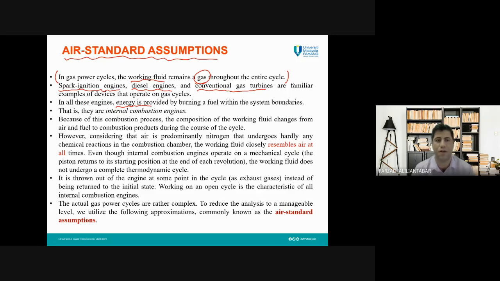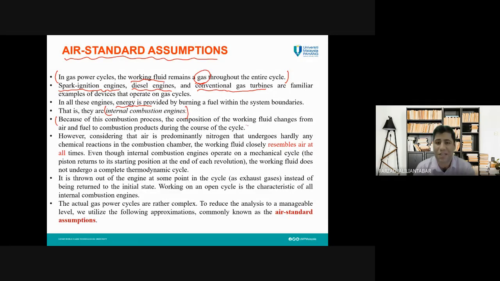Because of that, we call this type of engine an internal combustion engine, because the combustion reaction, the reaction of the fuel with the air, is happening inside the cylinder chamber.